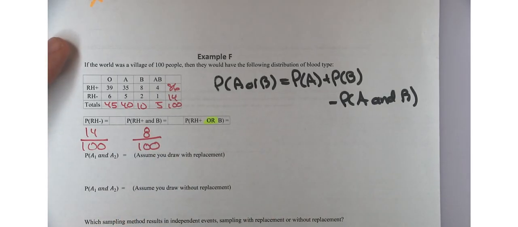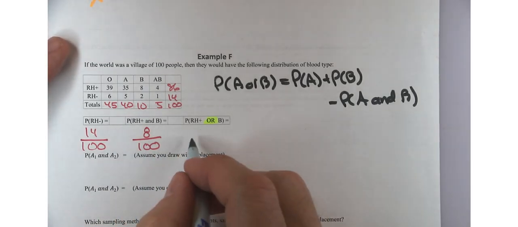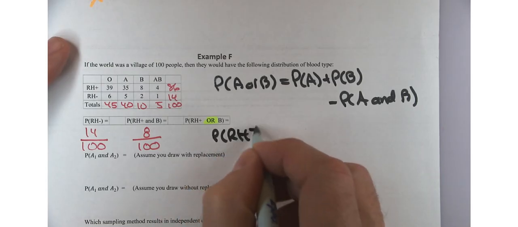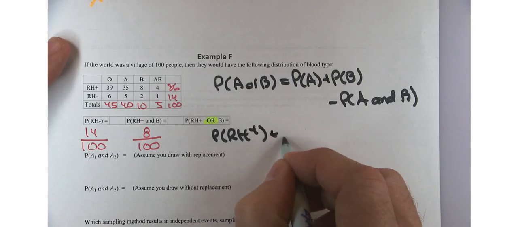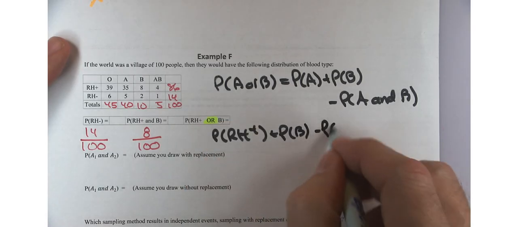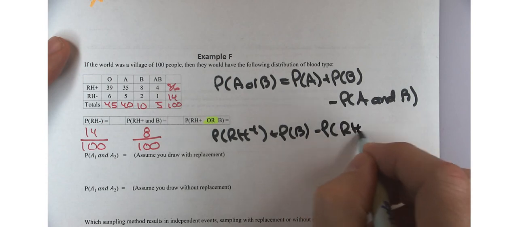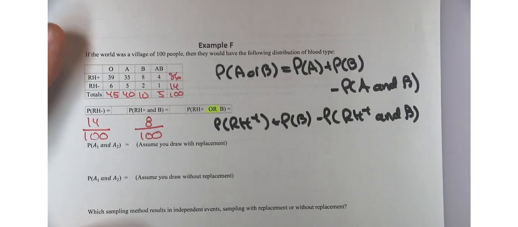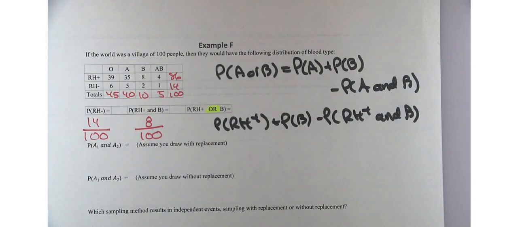So I want the probability of Rh positive plus probability of B minus the probability of Rh positive and B. And if you look at some of my old exams, a lot of times some of these questions lead into the other ones so that you don't have to redo things, trying to make it a kinder, gentler test.